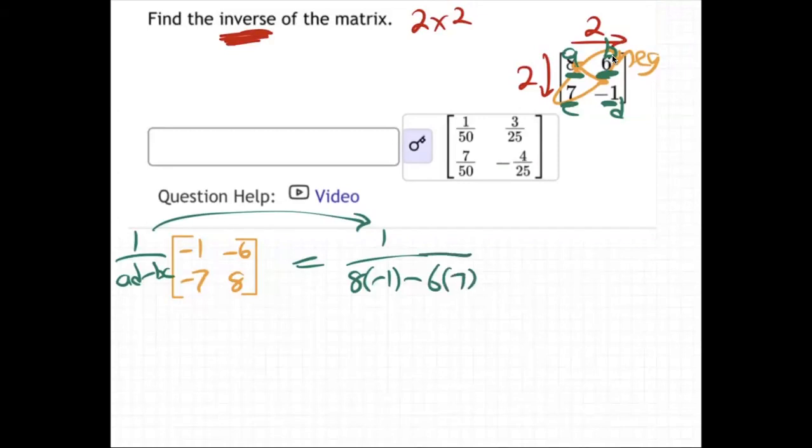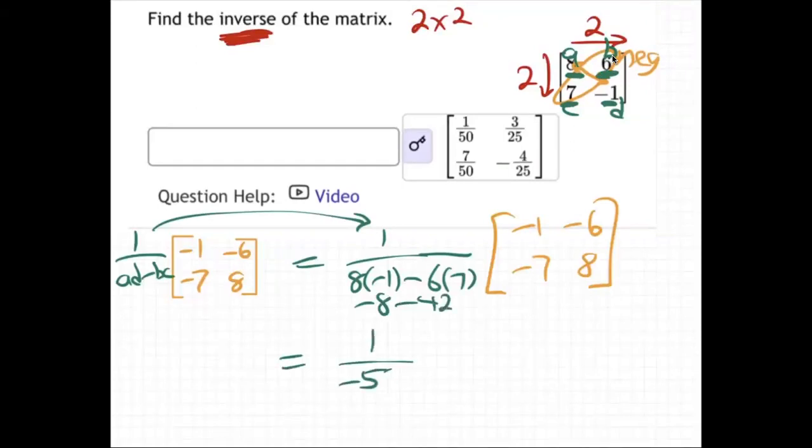And put this matrix back behind. Okay. Now what's that? Well, what's this fraction in the front? This is -8 minus 42. That's -50. Right? Times this whole matrix, -1, -6, -7, 8.